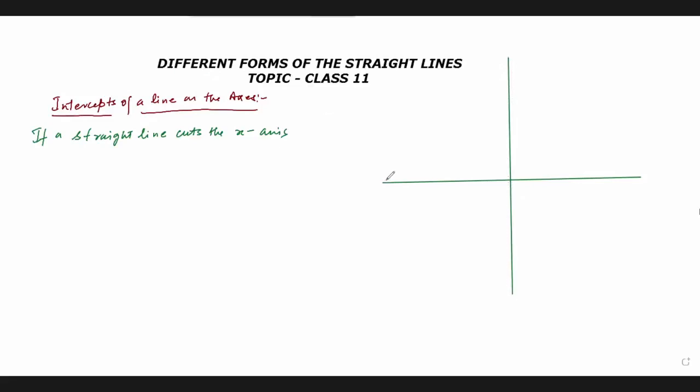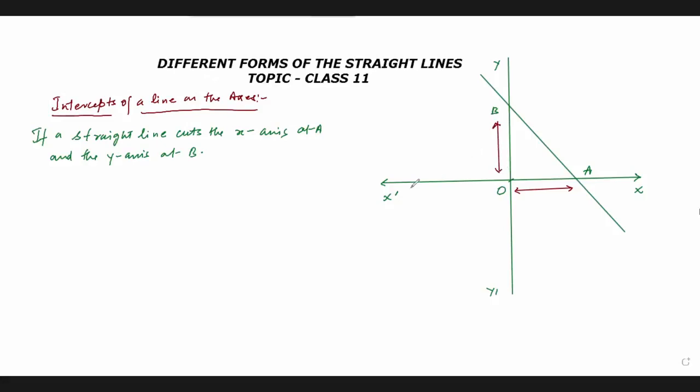If I name it, this is x dash, this is x, this is y dash, and this is my origin O. If a straight line cuts the x-axis at A, suppose I draw a straight line like this and it is cutting the x-axis at A and the y-axis at B, then you are able to see the distances OA and OB.